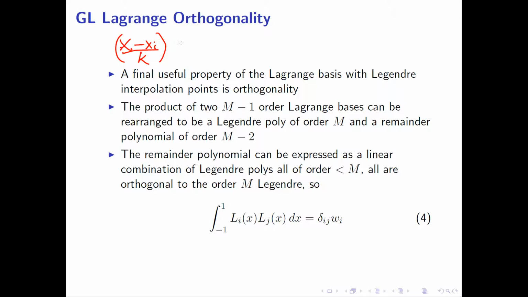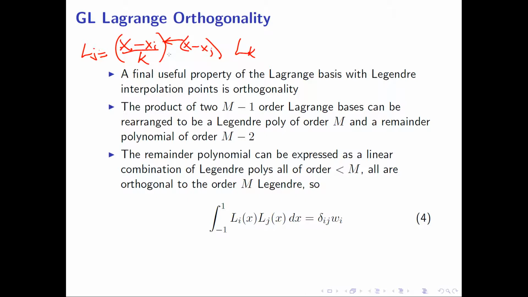Now, any one particular basis, let's say the jth basis, will be missing the x minus xj term. However, if we have a second Lagrange basis of a different particular nodal basis, then this will have this term associated with it, such that we can borrow it into the first basis.